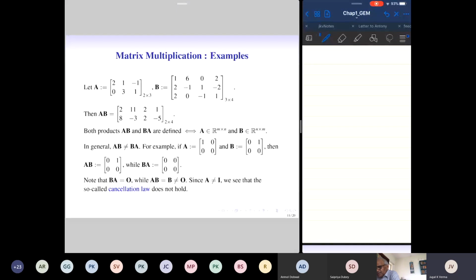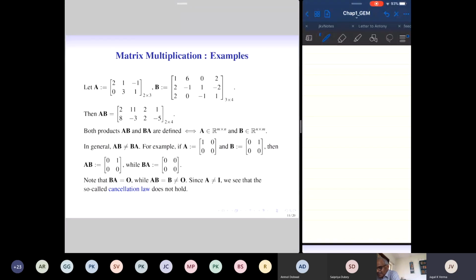Okay. So if A and B were real numbers... you see that B is a non-zero matrix. So A and B are non-zero matrices. Their product is B, but we cannot cancel B from this equation AB equals B, because if you could cancel, then A would become the identity matrix, but it is not the case. And since A is not the identity matrix, we see that the so-called cancellation law doesn't hold.